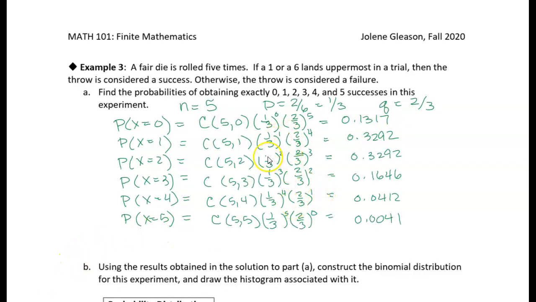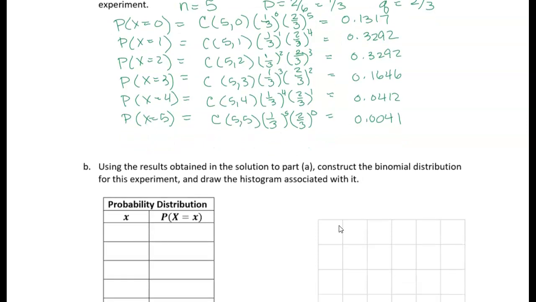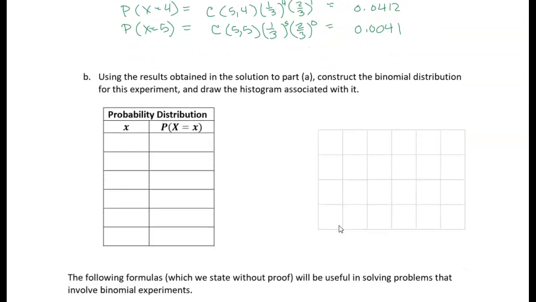So I've put the numbers in the formula for all these values of x and calculated the associated probabilities. Those are the numbers that we're going to put in our tabular probability distribution. I'm just going to take these numbers and put them in my table down here.